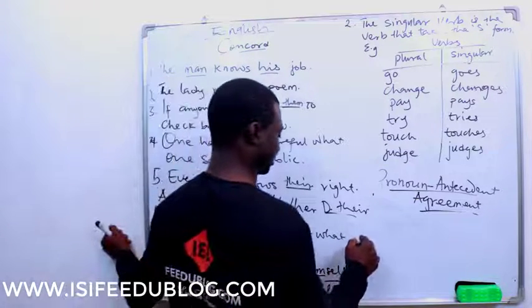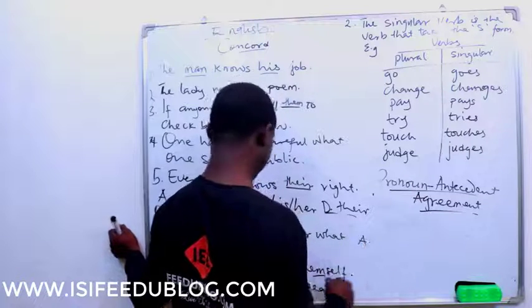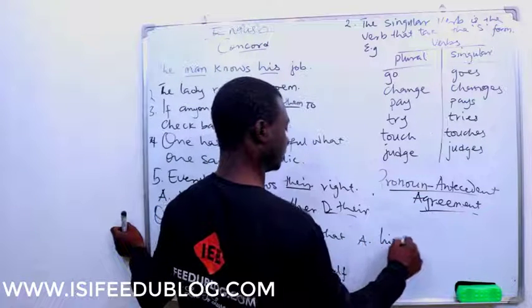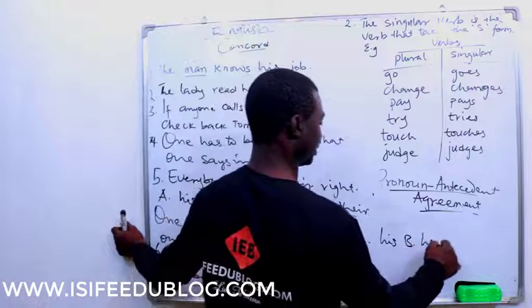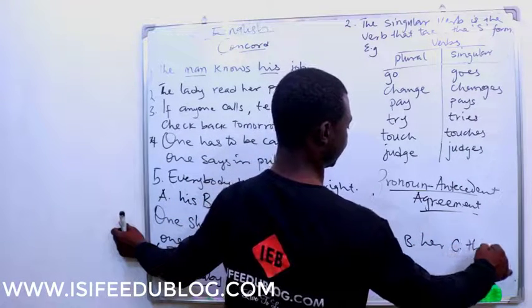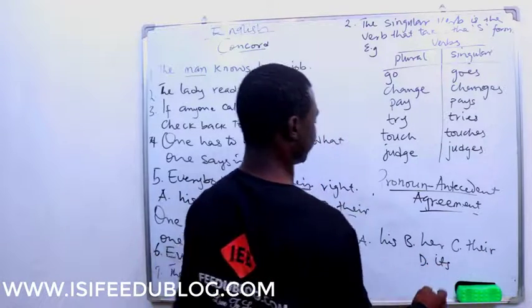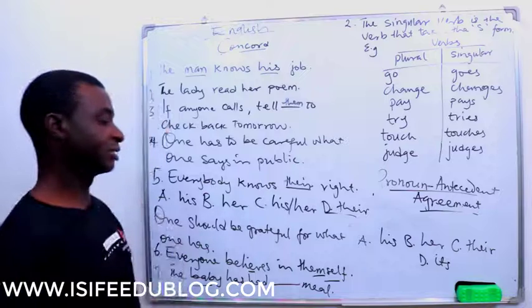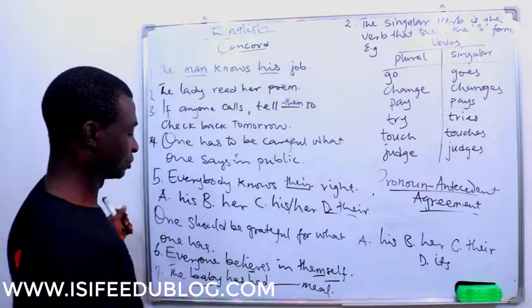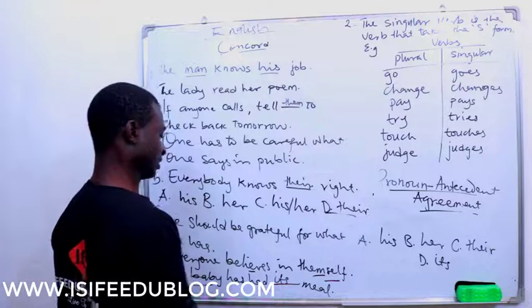Let's say the examiner says A, his, B, her, C, they, and D, its. Alright? Please, in the English language, baby takes its.